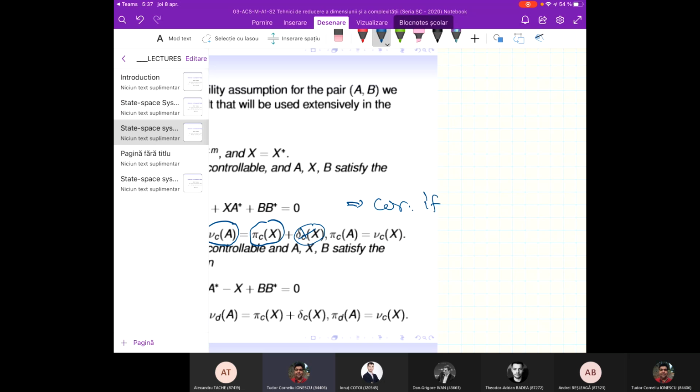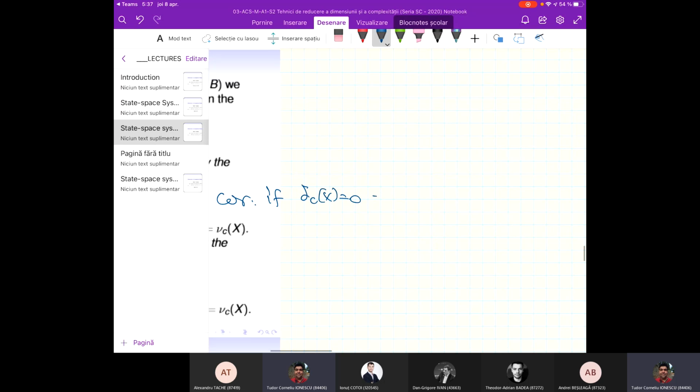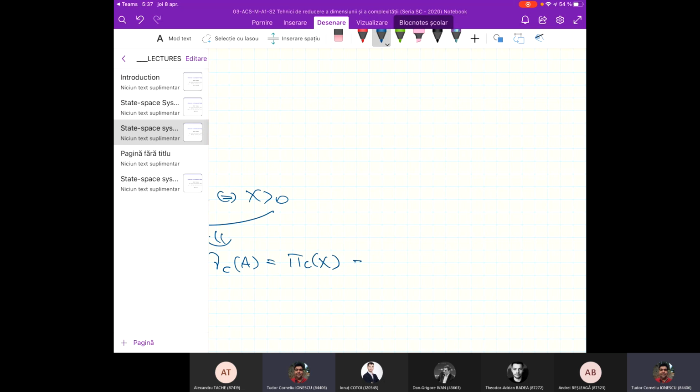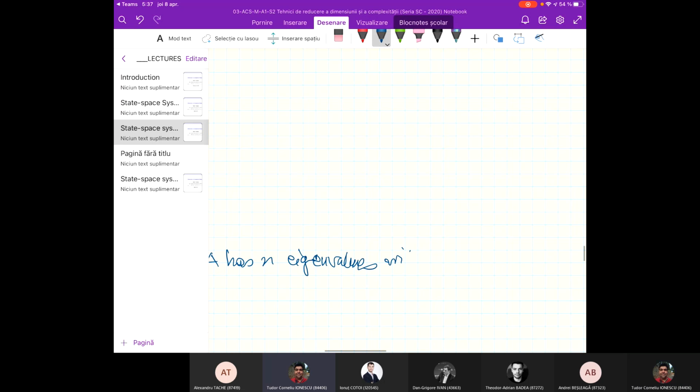If delta C of X is 0, which is equivalent to X being positive definite, then mu C of A is pi C of X. This is saying that A has n eigenvalues with negative real part.